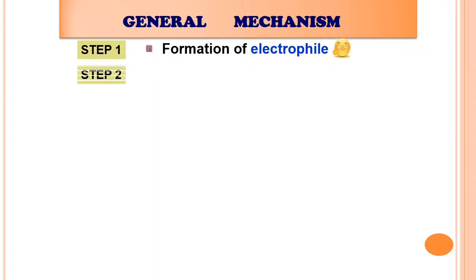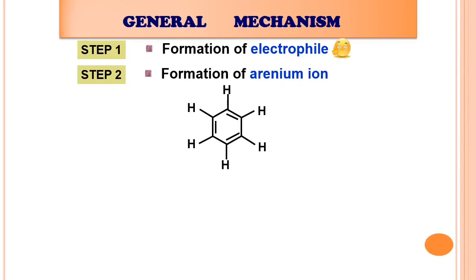For the second step, let's focus now, because this step is the same for all four mechanisms, which is the formation of the arenium ion. This is your benzene ring. I draw it like this so you can see the position of the hydrogens.